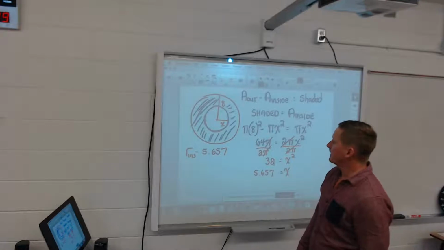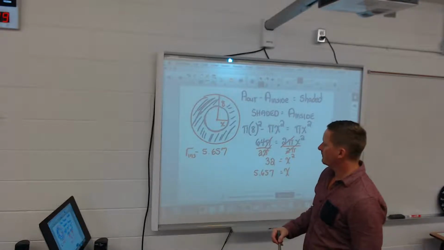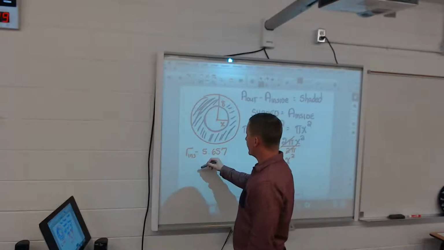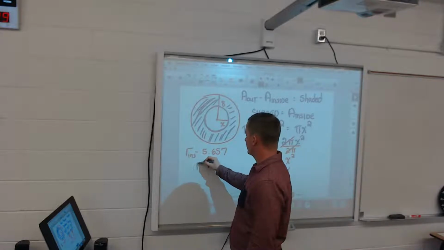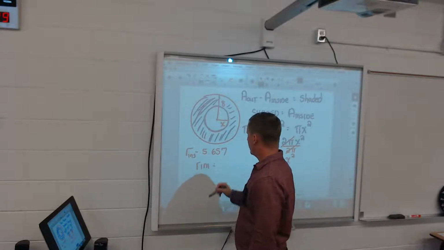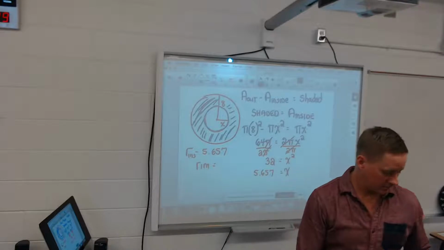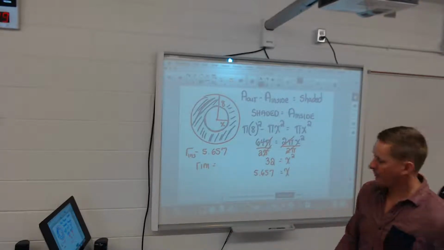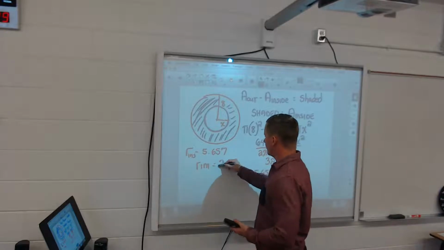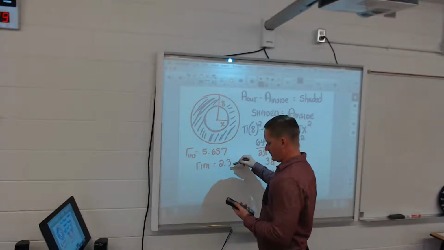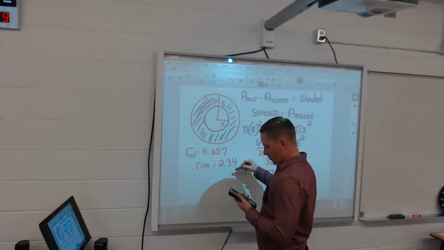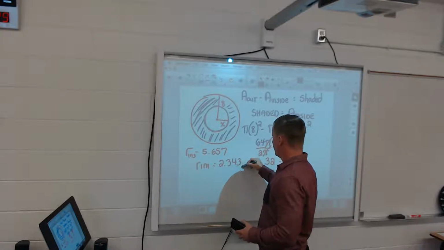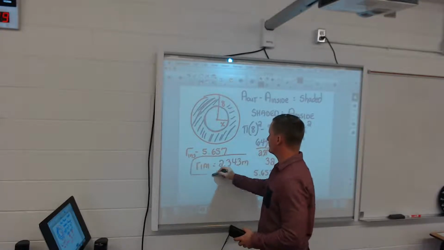So to get the length or the width for the rim, I take my 8 centimeters and I subtract that value. So the width of the rim is 2.343 meters. There's the answer to your question.